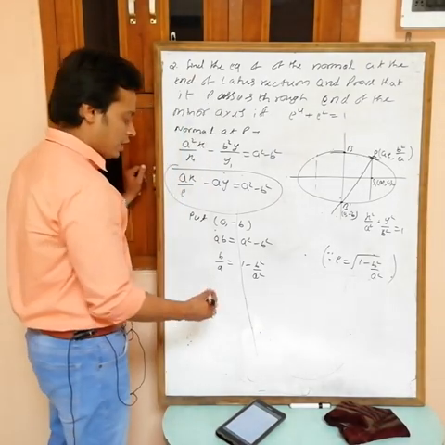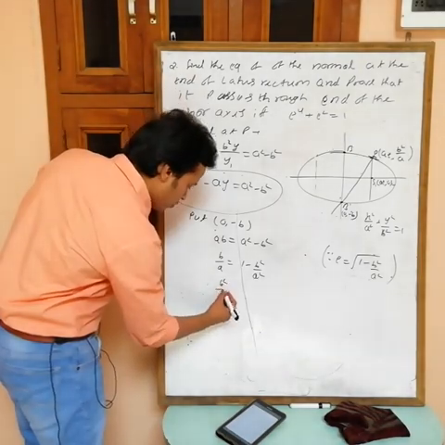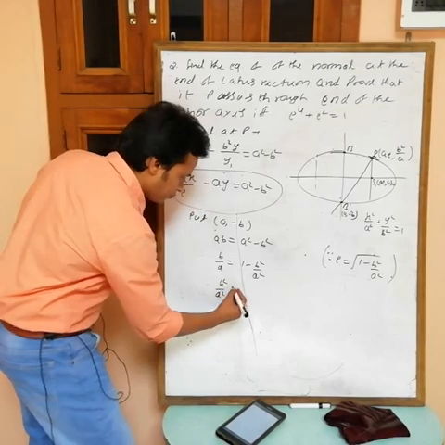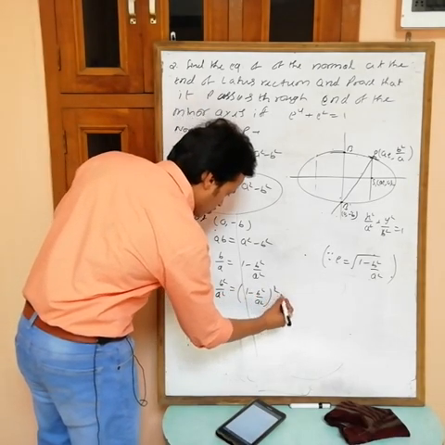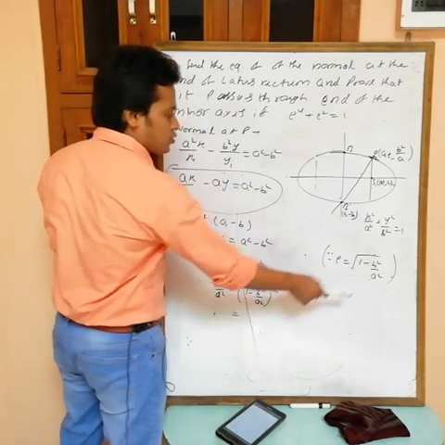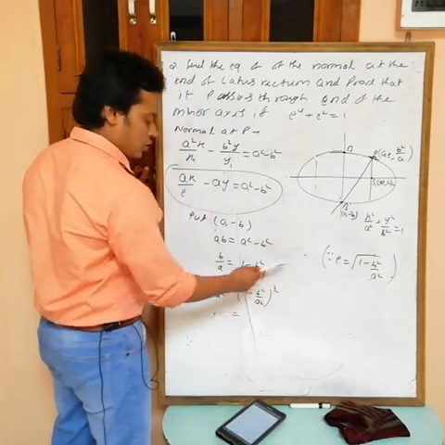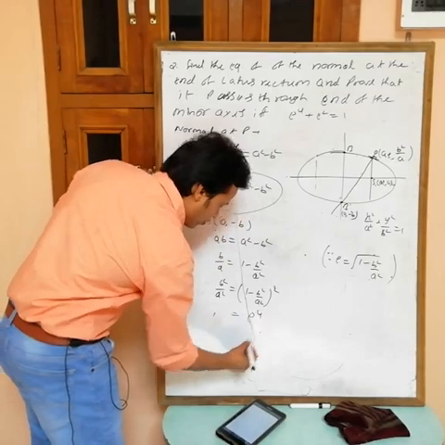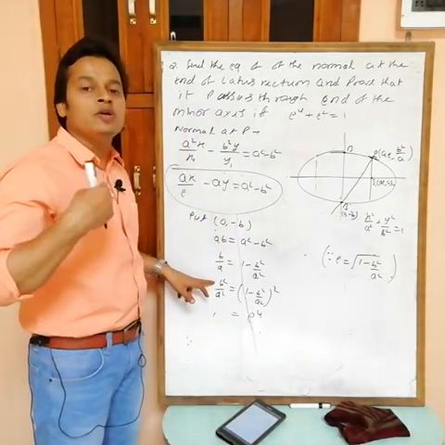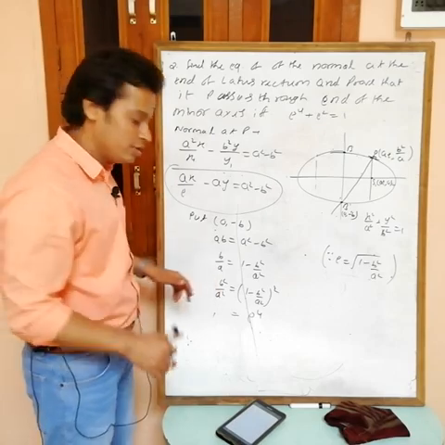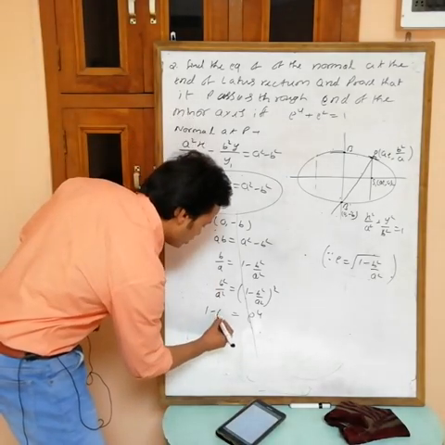Here I want the square, so b square by a square equals 1 minus b square by a square whole square. Now 1 minus b square by a square is e square, and its square is e power 4. Then b square by a square: b square is a square into 1 minus e square, a square cancels out, so we get 1 minus e square.